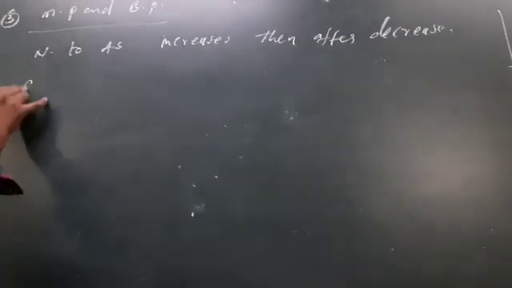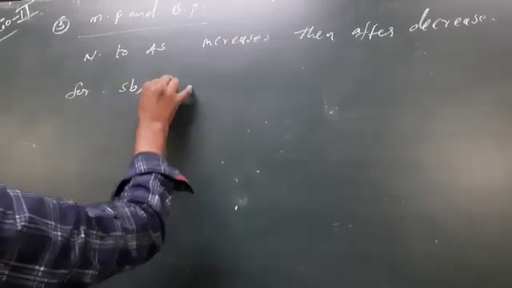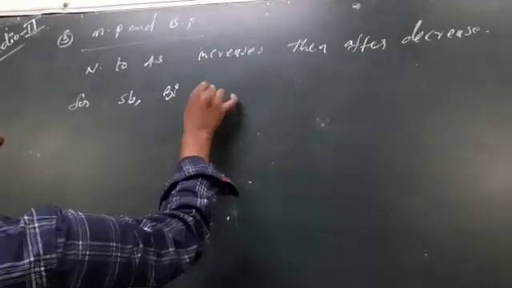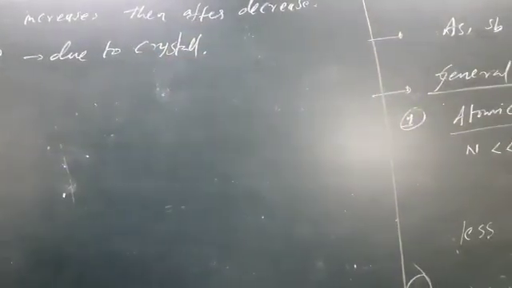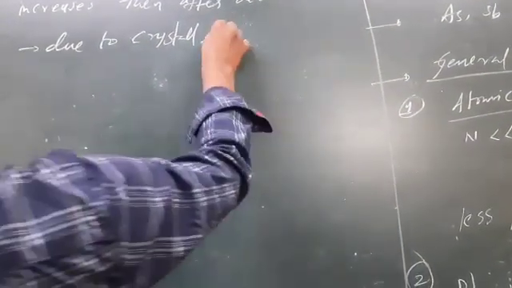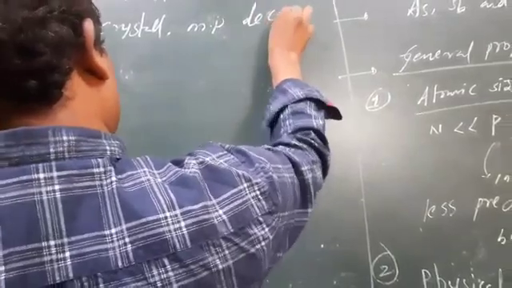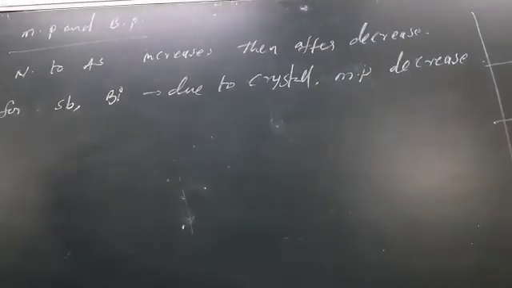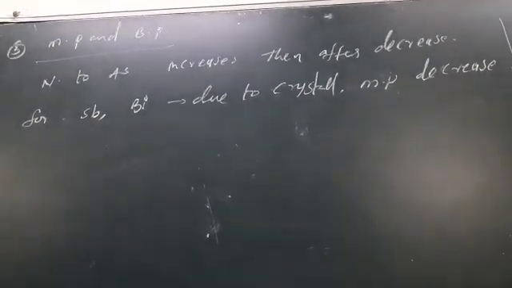That means for antimony and bismuth, due to a different crystal lattice, the melting point decreases. In the case of melting points, and boiling points also, they increase from left to right.